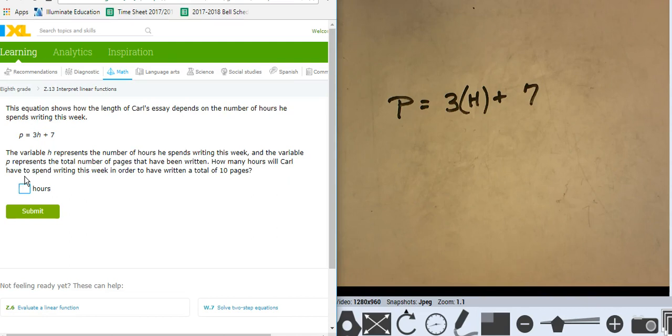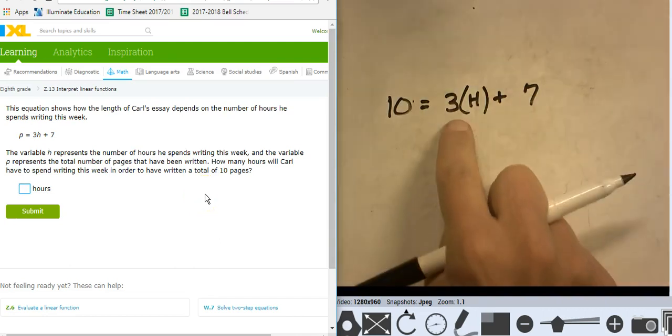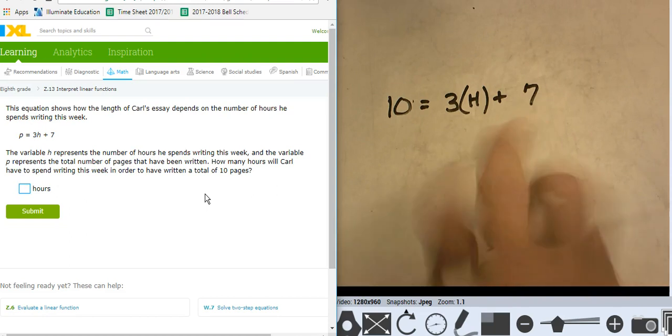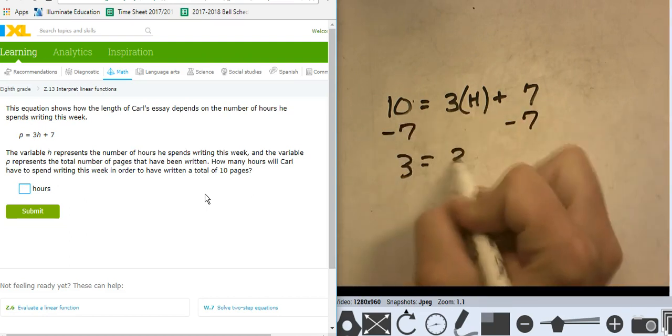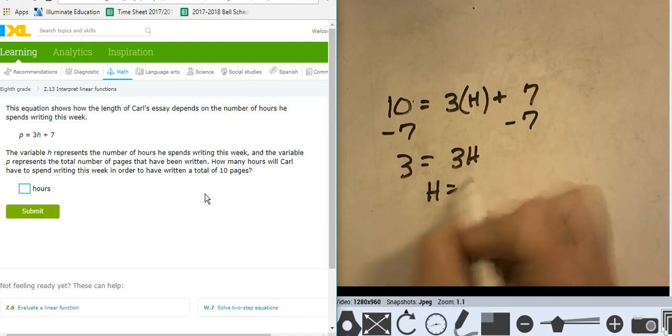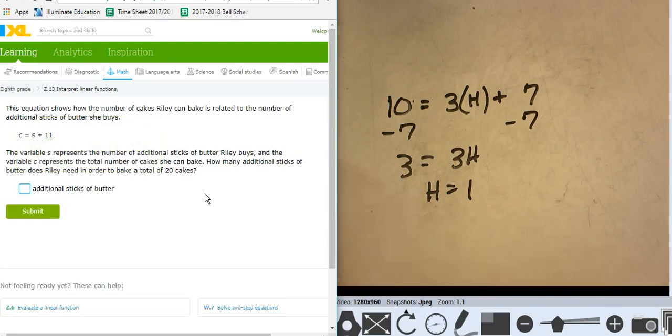He wants to write a total of 10 pages. So 3 times something plus 7. I'll subtract 7 from both sides. So 3 equals 3H. So H equals 1. 1 hour. Awesome.